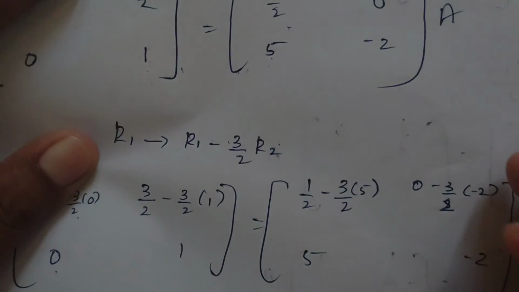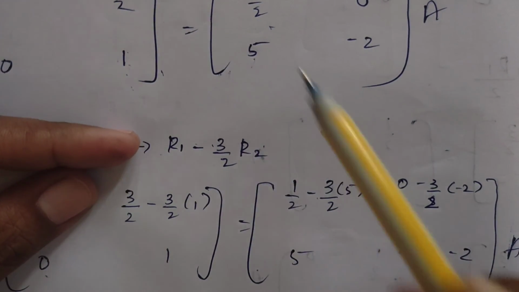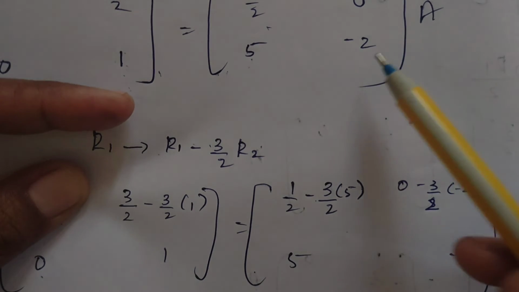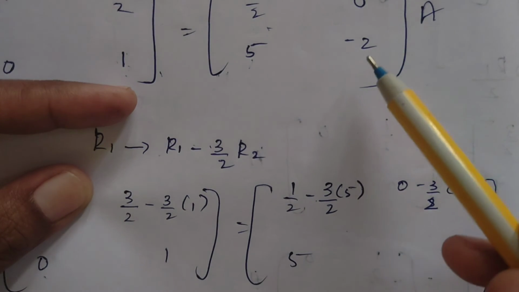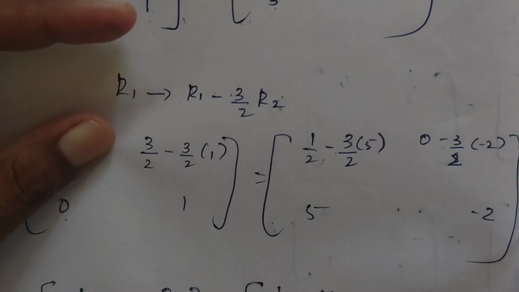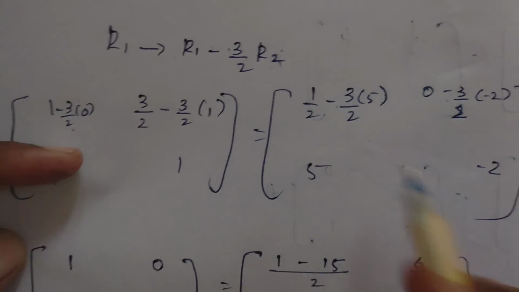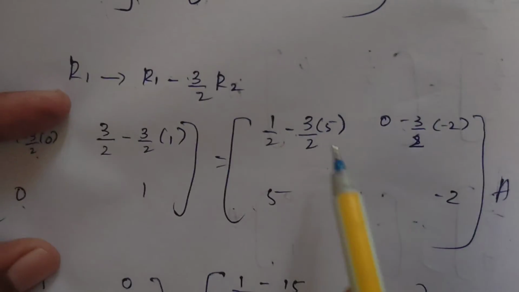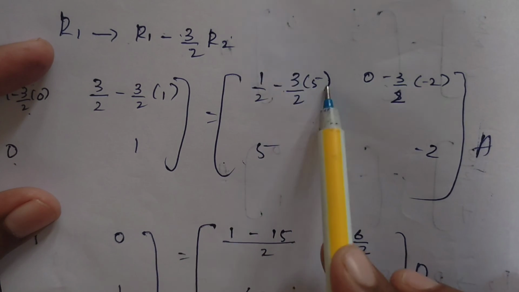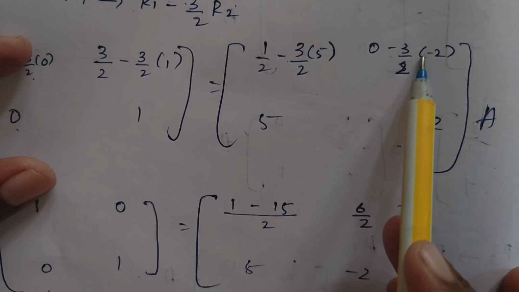Same thing applied in the RHS. 1 by 2 minus 3 by 2 into 5, 0 minus 2 into 3 by 2. 5 minus 2 is kept as it is. 1 0 0 1. Now take the LCM. 1 minus 15 by 2, 0 minus into minus plus 6 by 2.